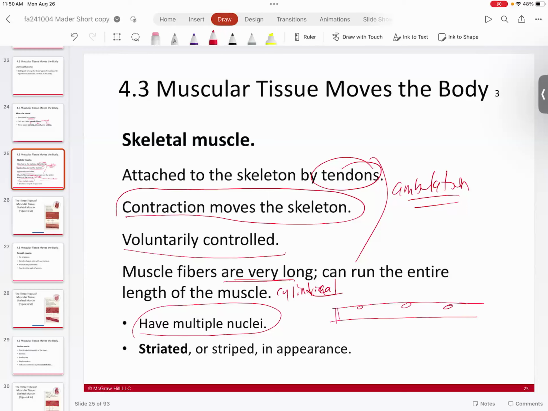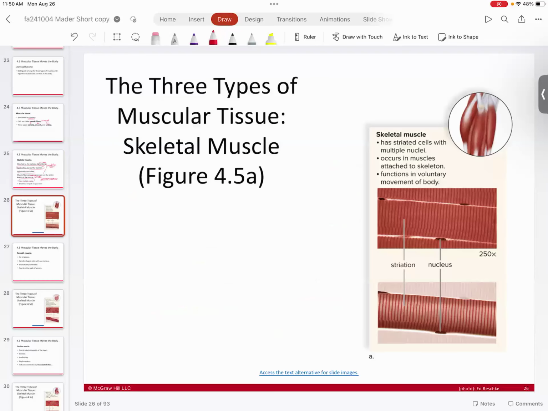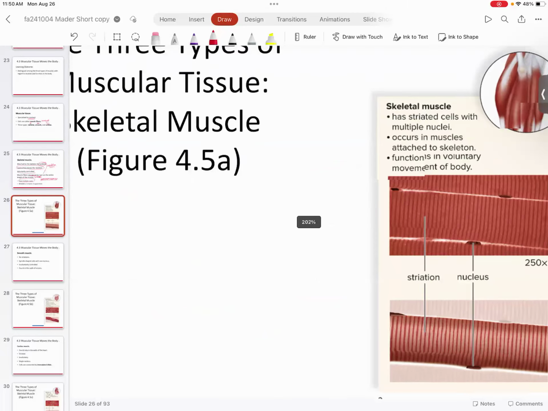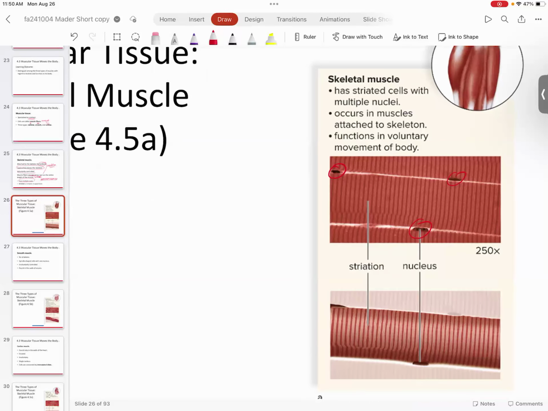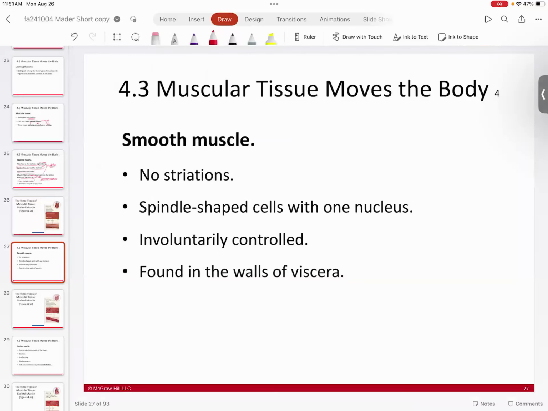So they look something like this, long and cylindrical, with little stripes. That's pretty typical. Here's a really good micrograph of most of your body muscles, the ones you use to move your body. You can see one nucleus, another nucleus, another nucleus, and these striations associated with the muscle itself. So typically very long and striated.